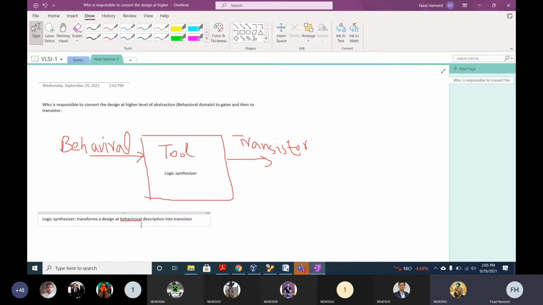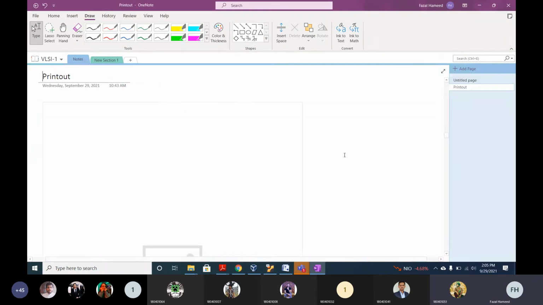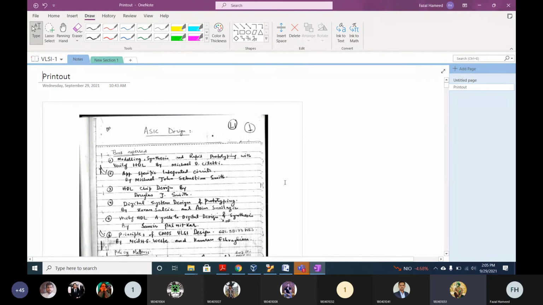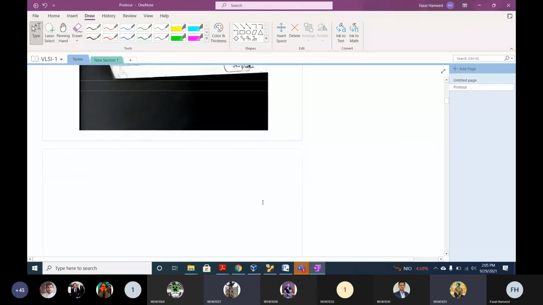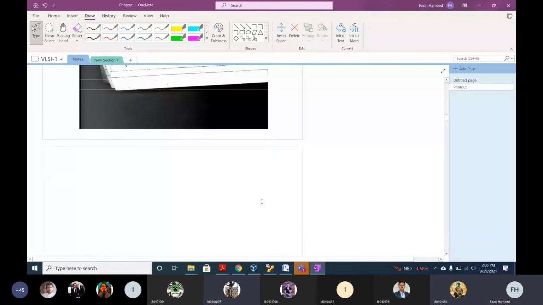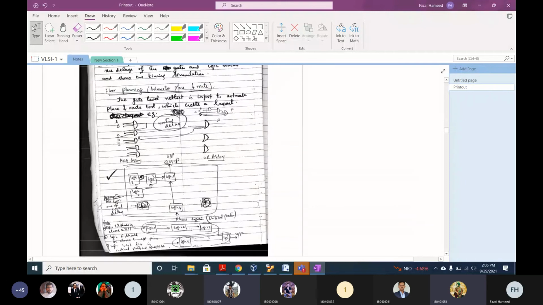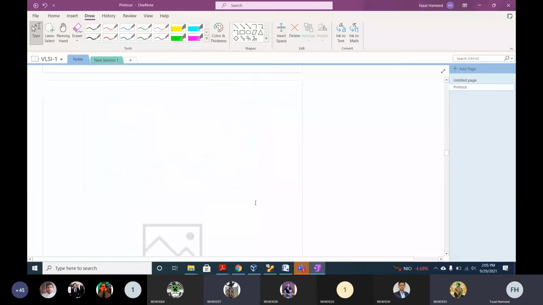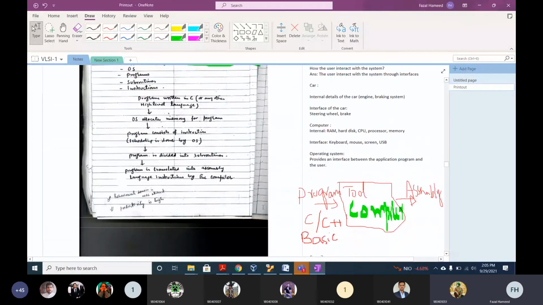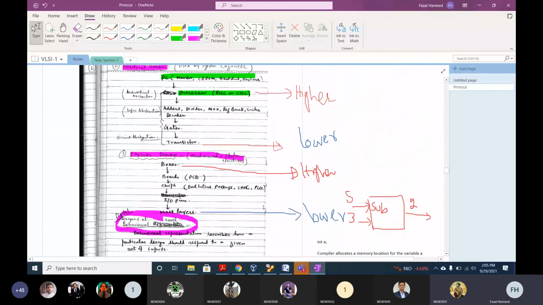Okay, you got my point or not? Yes, sir. So the job of the logic synthesizer is to transform a design that is described at the behavioral description into transistor and the gate level.